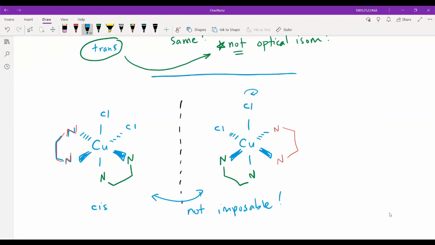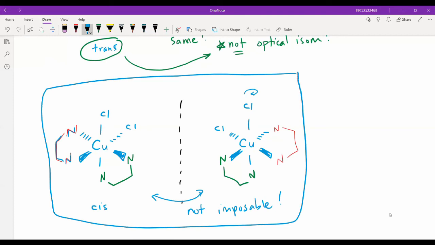So this would be the answer to drawing the two optical isomers. You have to start with the cis form, and you could start with either one of these, they're just opposite reflections. Hopefully that makes sense.